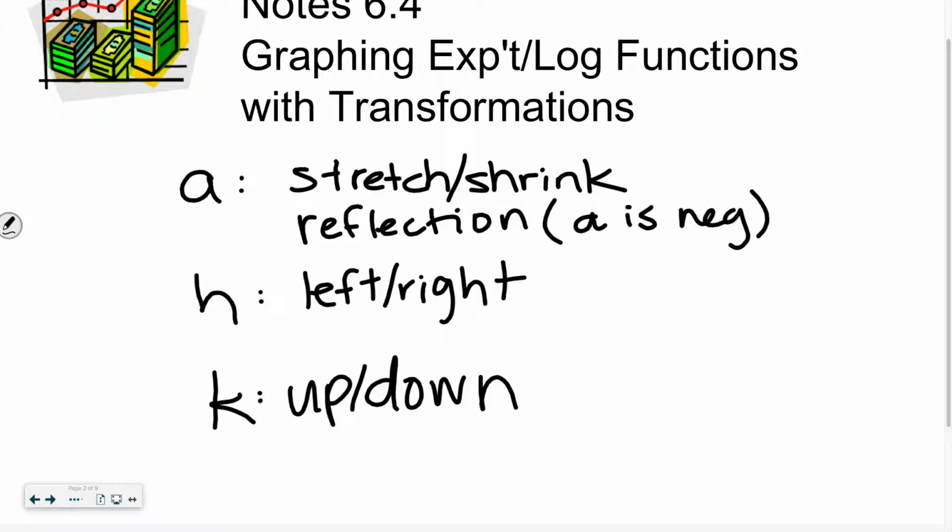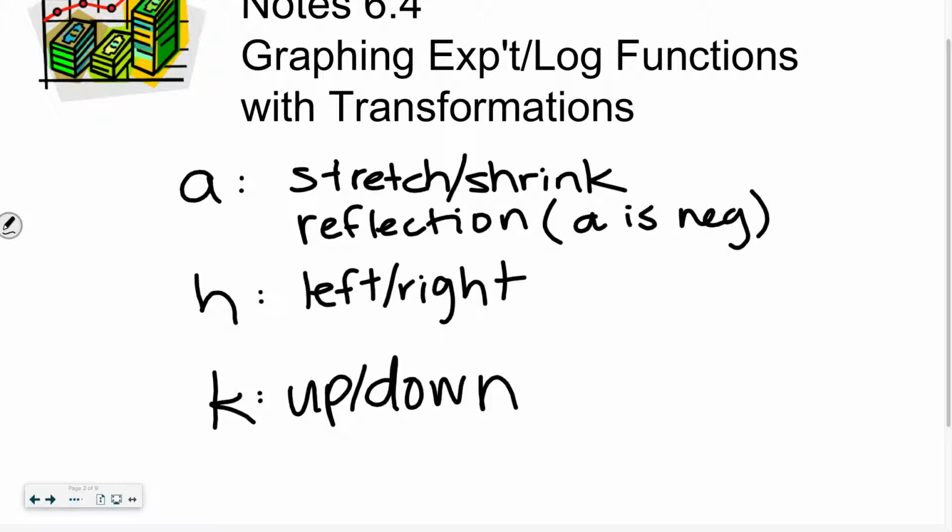You could have a reflection in the x-axis, so it flips down. You could have a reflection in the y-axis, so it flips over. Generally, I'm going to keep A on the outside, so that would be a flip down, right?